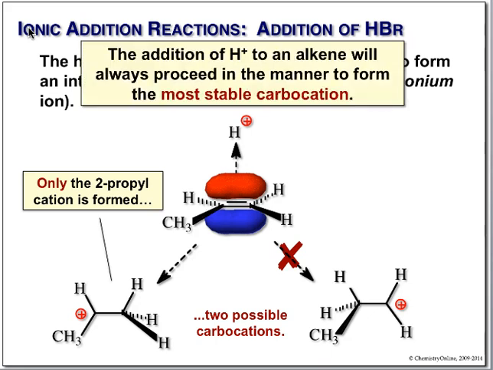This tendency to form the most stable carbocation we'll visit over and over again today. You need to remember the orders of carbocation stability. You're going to see exactly the same thing in radical stability.